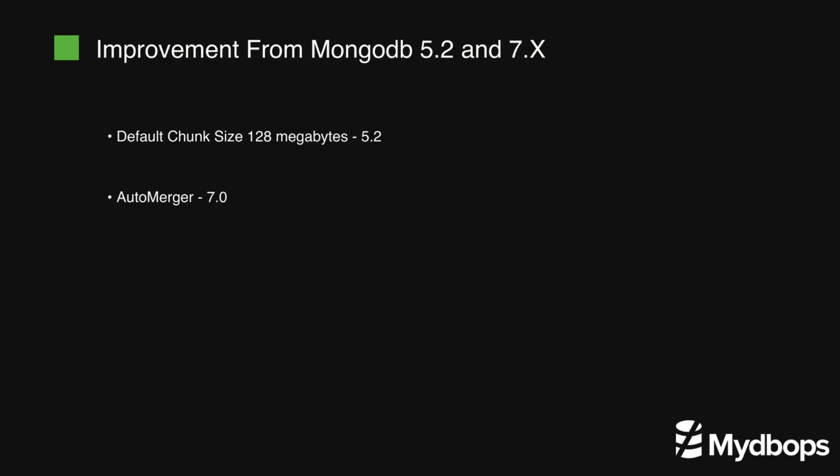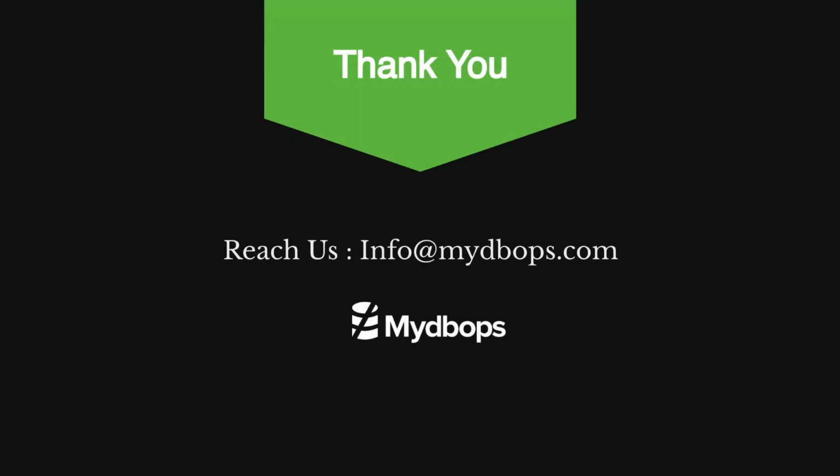If you would like to merge chunk A and chunk B, we can create a set of rules in auto merger and it will monitor and merge automatically. It is one of the DBA efforts now, but after 7 it will be reduced, and it is configurable. Thank you.